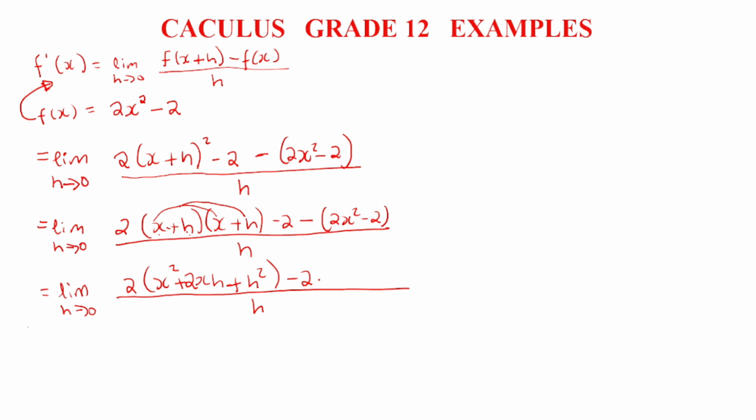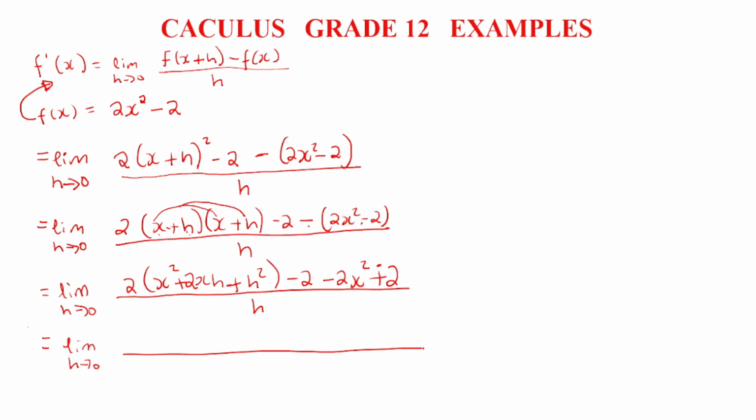Then we remove the bracket here as well, minus 2x squared plus 2. Okay, negative times a negative will give us positive here. All right, great stuff. Okay, here we go again. Lim when h approaches 0, then we need to multiply throughout by 2.